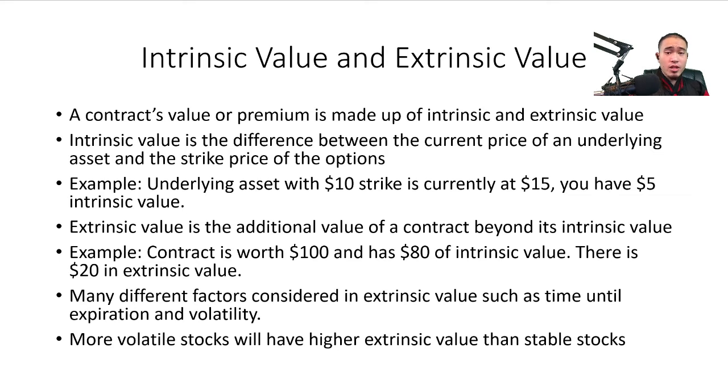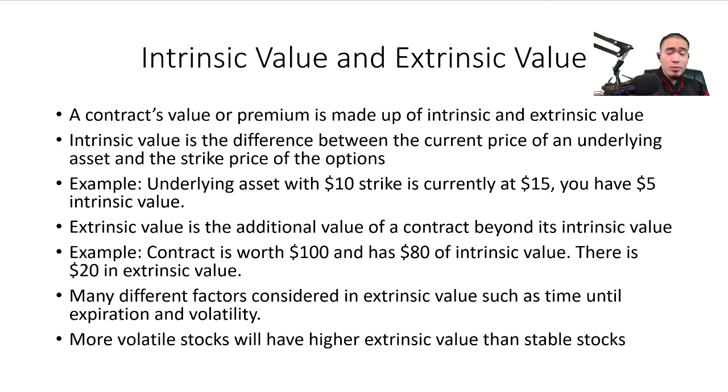Example, an underlying asset with the $10 strike price is currently at $15. So you would have $5 of intrinsic value. 15 minus 10 gives you 5. Extrinsic value is the additional value of a contract beyond its intrinsic value.